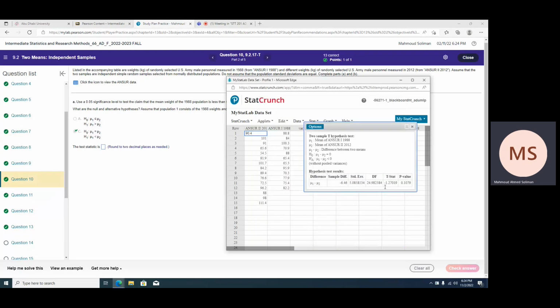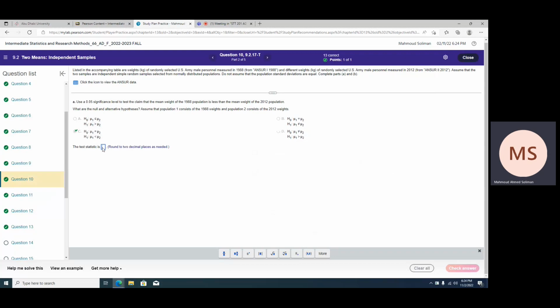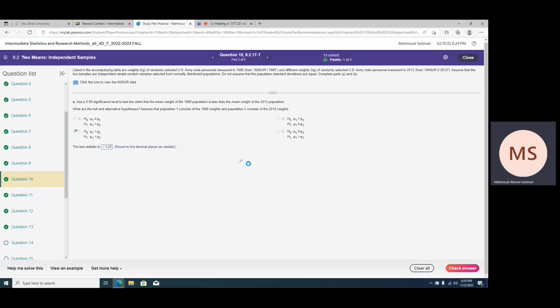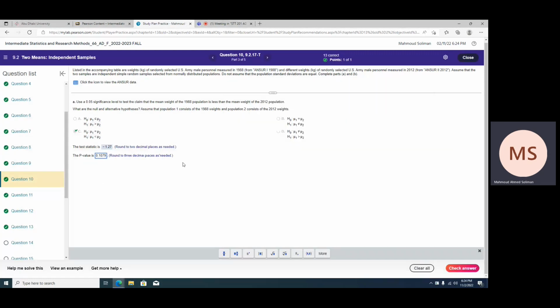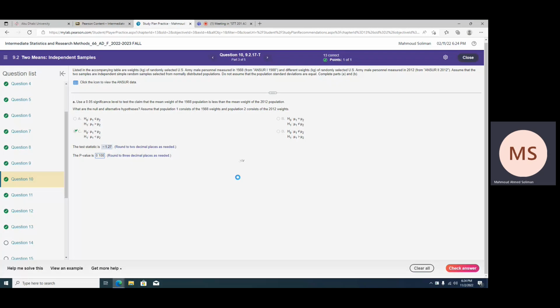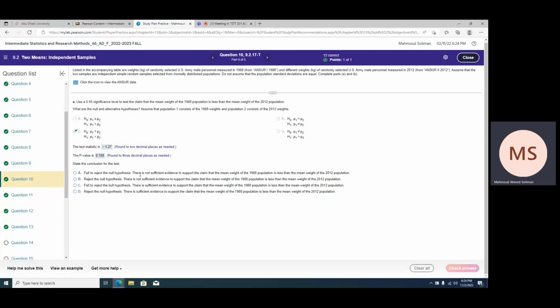So compute. We have T stat, copy paste, 2 decimals. P-value, 3 decimals, 0.108. So P is more than alpha, so we fail to reject.